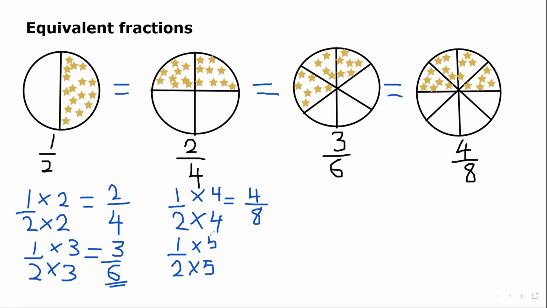You will get another fraction that will be equal to 1 over 2. Here is 5 out of what? 10 is also another fraction which has the same value as 1 over 2. Or you can write several fractions that will be equal to 1 over 2. Just pick any counting number, and then you multiply the same number with the numerator and the denominator.